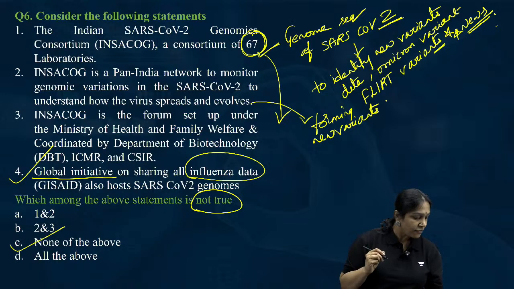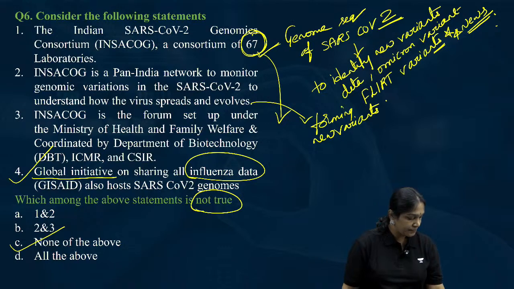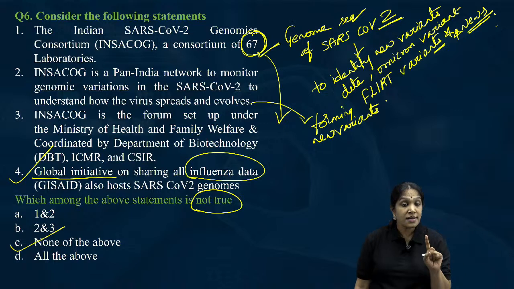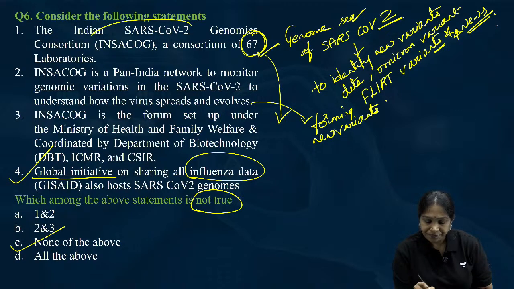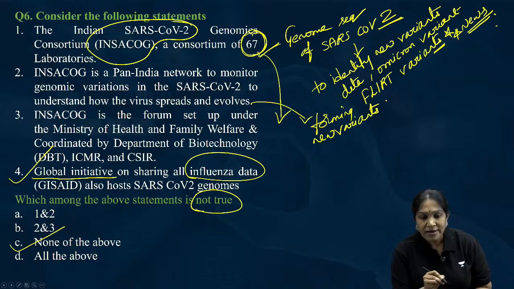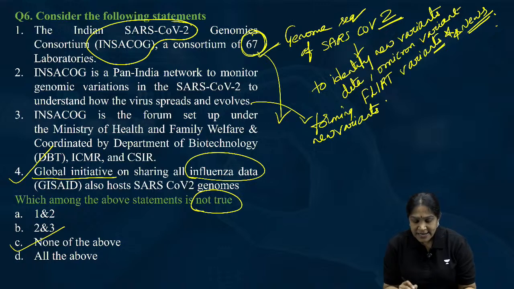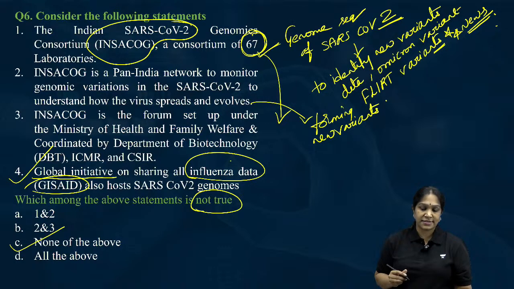INSACOG is sharing what kind of data? INSACOG shares data about which virus? SARS-CoV-2. INSACOG is related to SARS-CoV-2. GISAID is related to influenza virus.